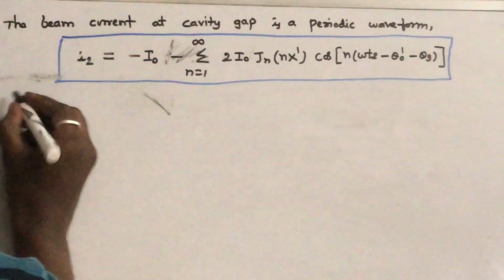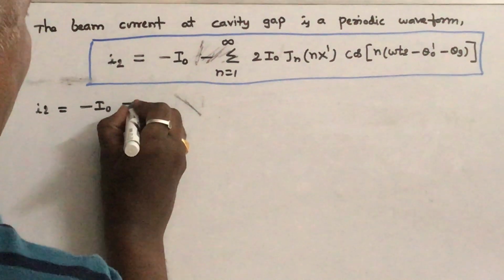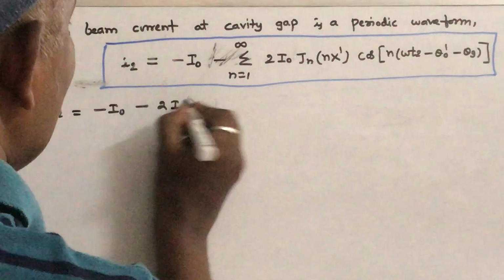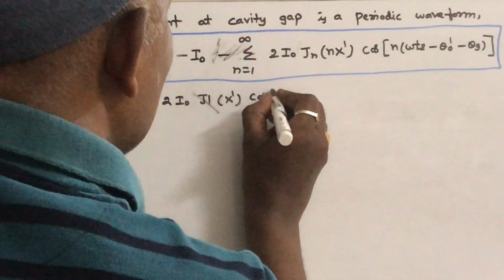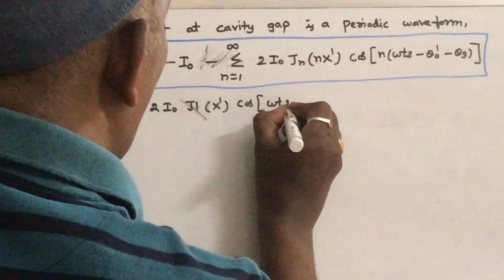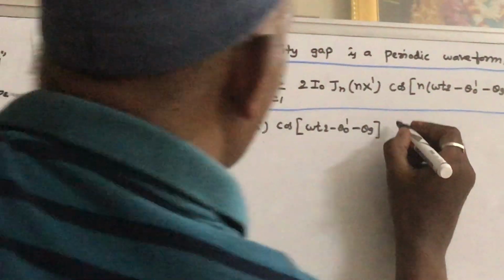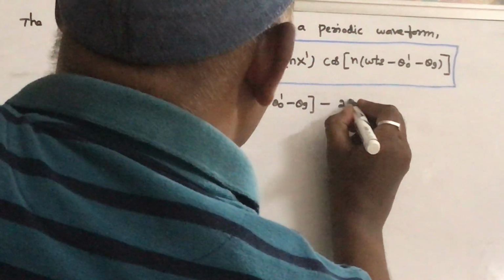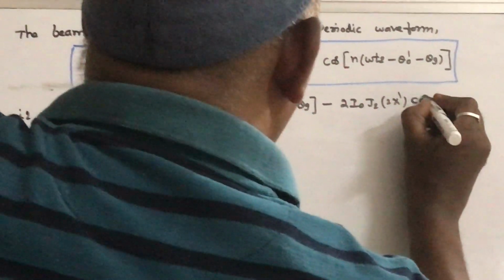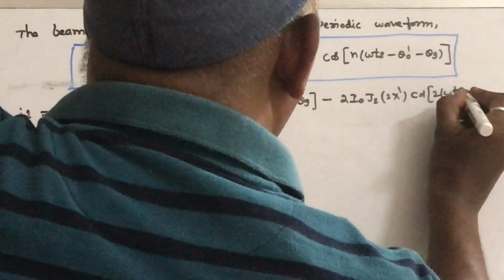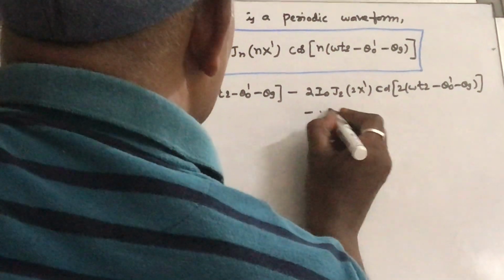So I'll expand this. Minus I0 is the DC beam current, minus, substitute n is equal to 1: J1 of x dash into cos of omega t2 minus theta 0 dash minus theta g. If you substitute n is equal to 2, it is represented as 2I0 J2 of 2x dash into cos of 2 into omega t2 minus theta 0 dash minus theta g, minus and so on.